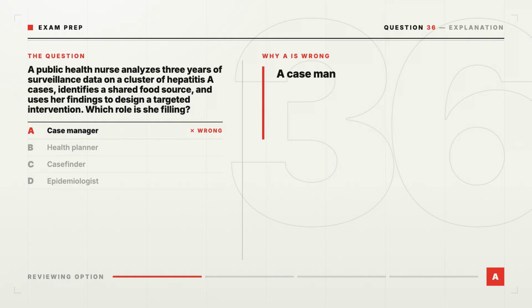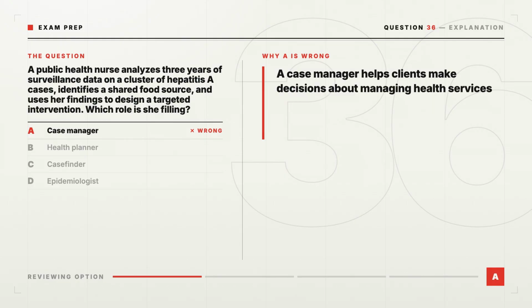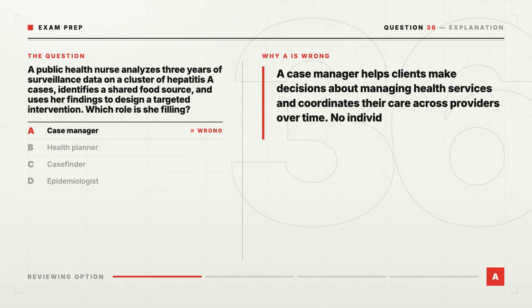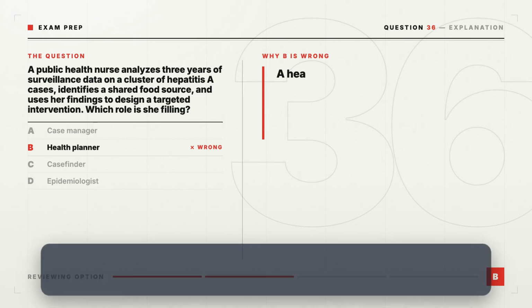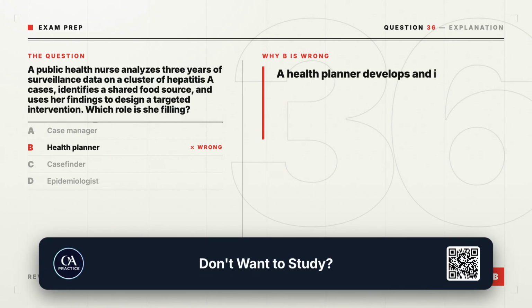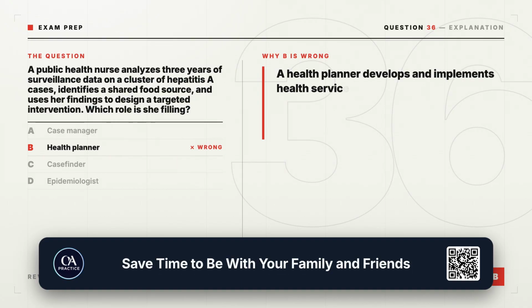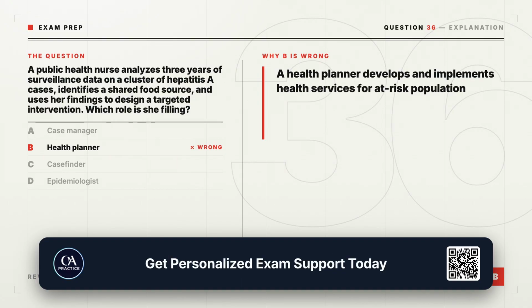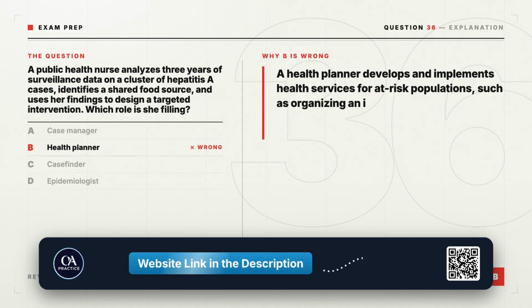A is wrong because a case manager helps clients make decisions about managing health services and coordinates their care across providers over time. No individual client's care is being coordinated here. B is wrong because a health planner develops and implements health services for at-risk populations, such as organizing an immunization clinic.